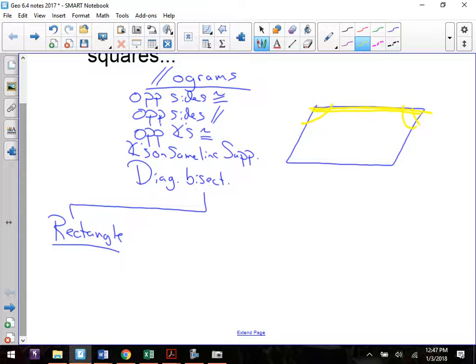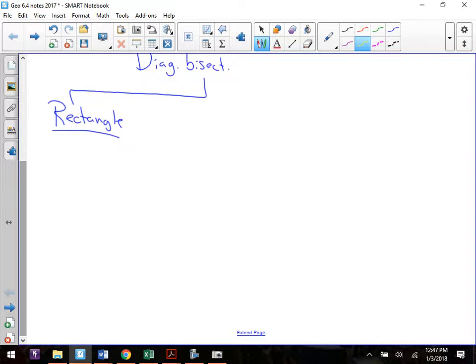Well, what made a rectangle a rectangle? More specifically, there's only two parts to it that makes it a rectangle. Correct. They have 4 right angles. Can I slide this up? Are we okay? So there's 4 right angles.